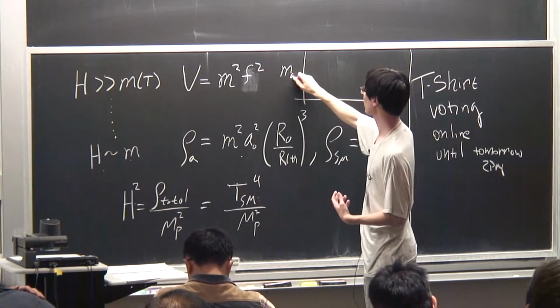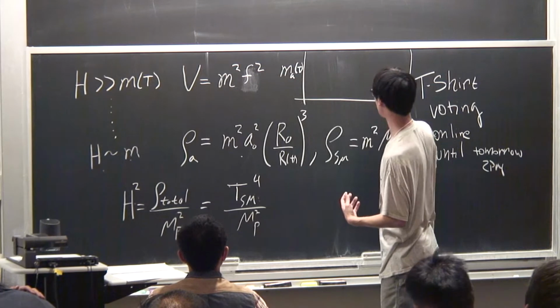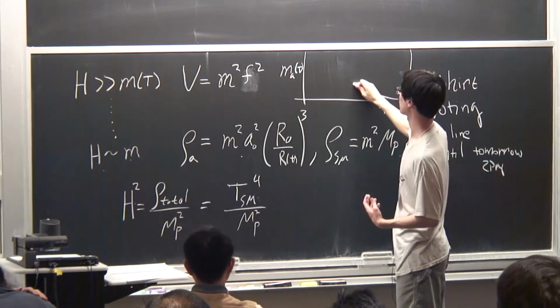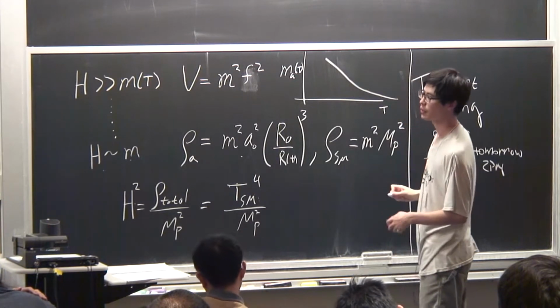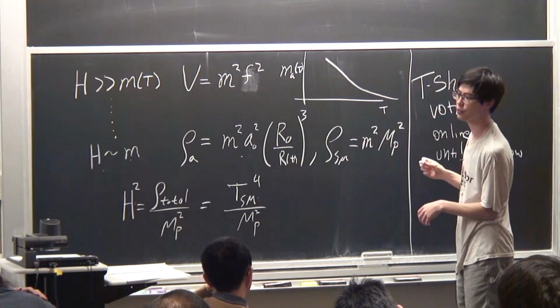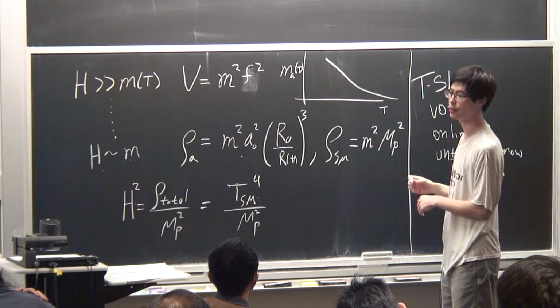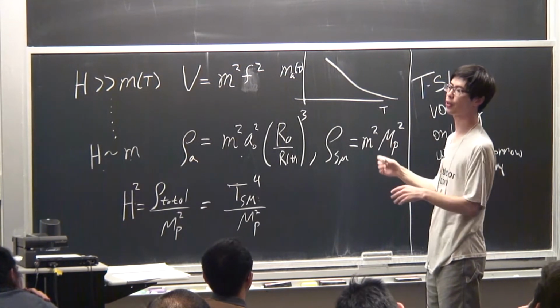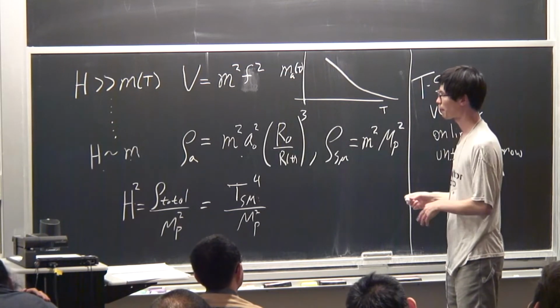The statement is m_A of T, if this is T from 0 to infinity, it's just an increasing function. So that's all we're going to use about the axion mass for now. It's an increasing function as temperature goes down. So as the universe gets colder and colder, the axion mass increases.